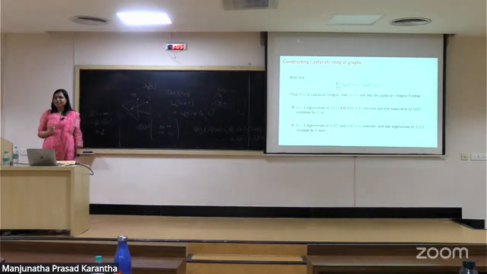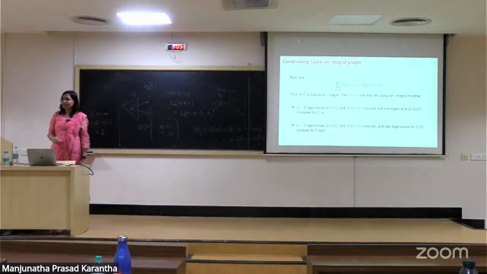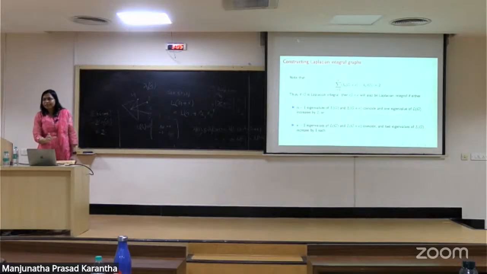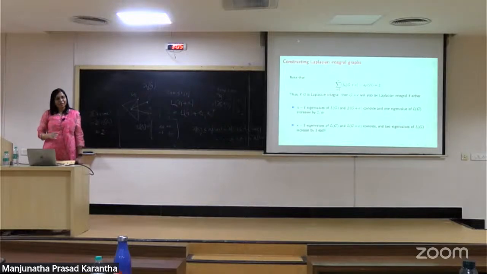Spectral variation at two places has also been described, not structurally but in terms of the matrix, by Dr. Jansen in his paper. So its complete characterization is known: when the variation occurs at one place and when at two places. Then this operation can be used repeatedly to construct Laplacian integral graphs, and the construction by repeated application has also been completely done.